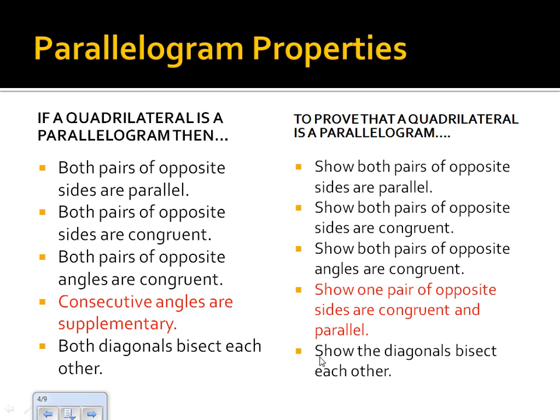So what that would look like, I'm going to draw a picture right in the middle. I don't know why my marker is small now. All right. So one pair of opposite sides are both going to be congruent. So they need to have the tick mark and parallel.